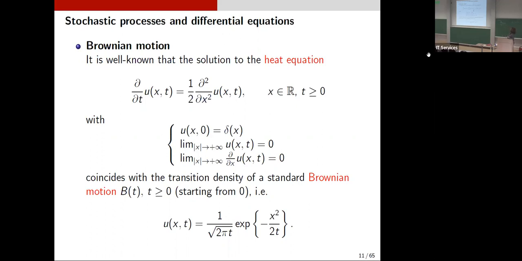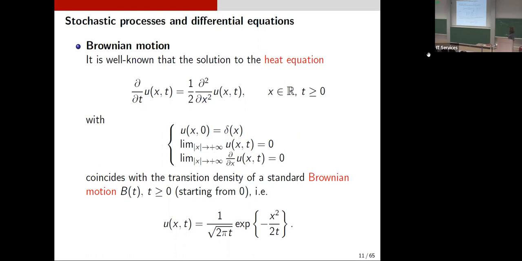We know that for a standard Brownian motion starting from 0, this is the transition function, and the most important thing for us now is that this function coincides with the solution to the so-called heat equation, where we have the first order derivative with respect to time and the second order derivative with respect to space.